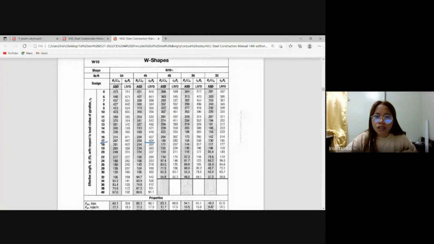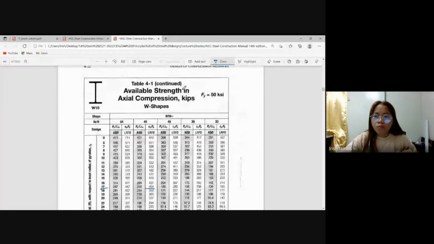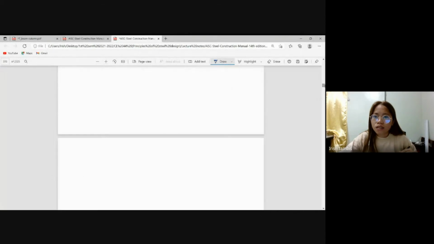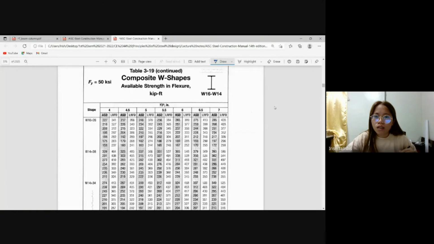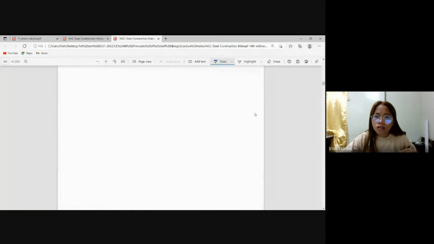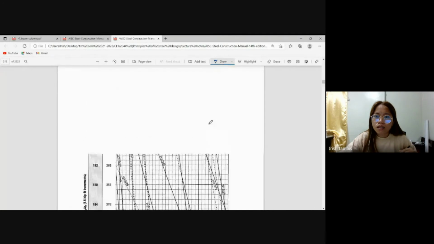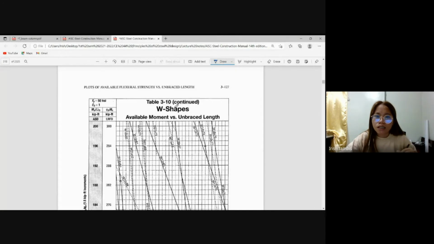itong ganina, actually, table 3, ito siya ganina, sa moment. That is table 3-10, no?